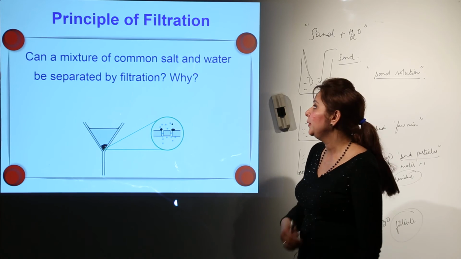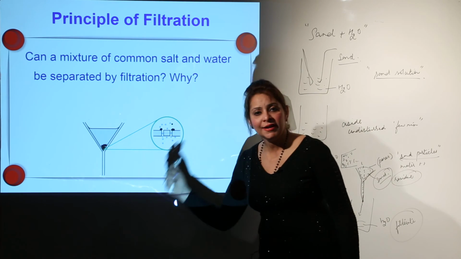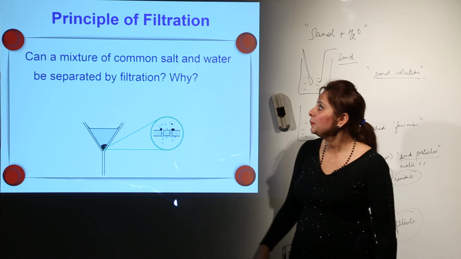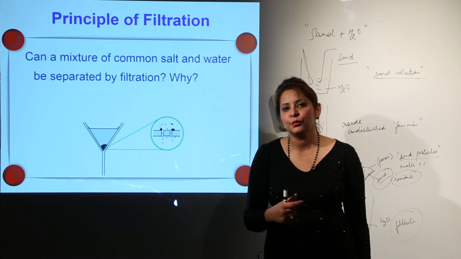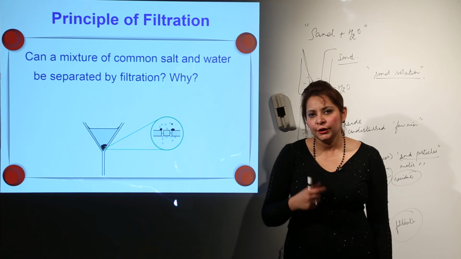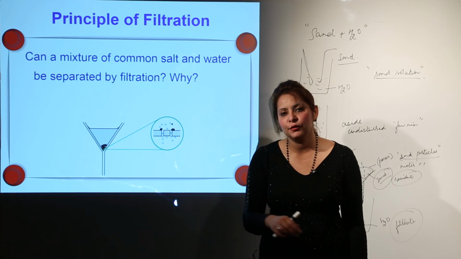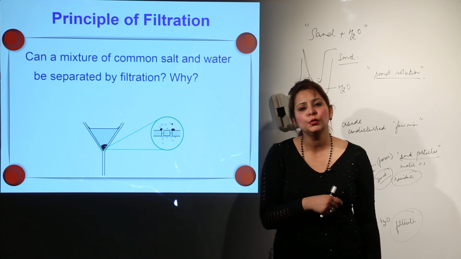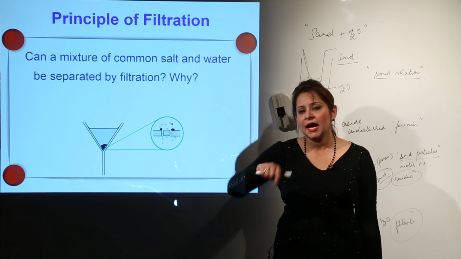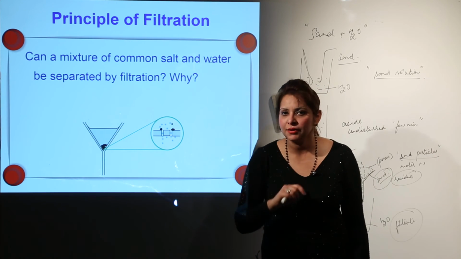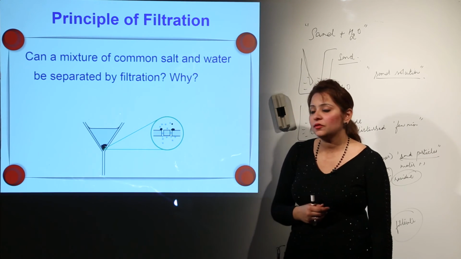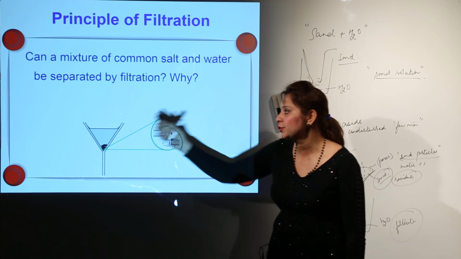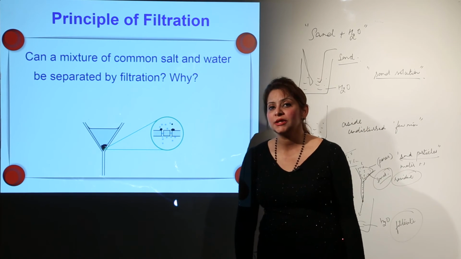Now we'll discuss one more question. If I take the same apparatus, and I make a salt solution. How can I make the salt solution? I can take a beaker with water in it, add a spoon of salt to it, and with the help of a stirrer dissolve it, right? When I pass that solution through the filter paper, what are you going to see?